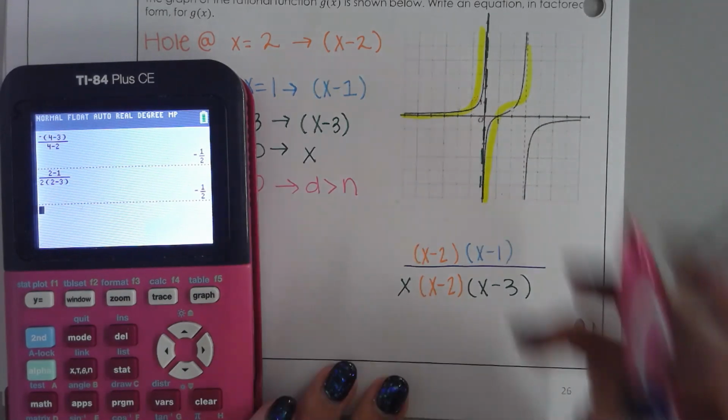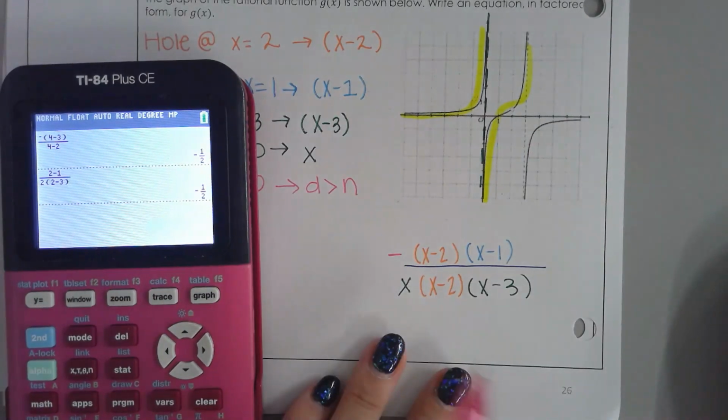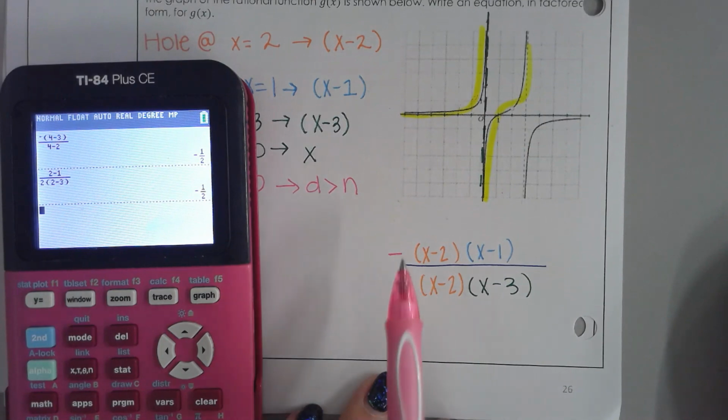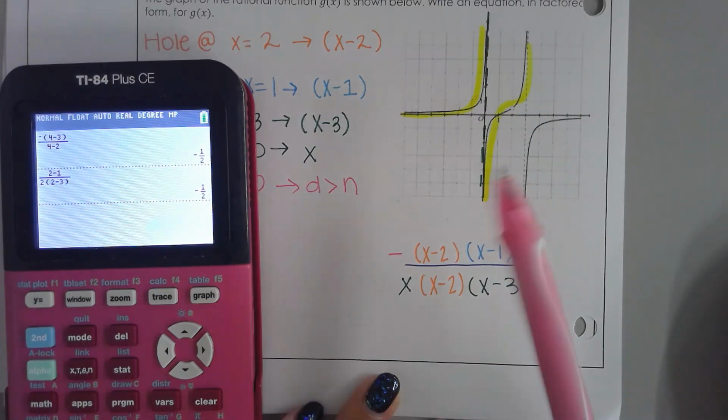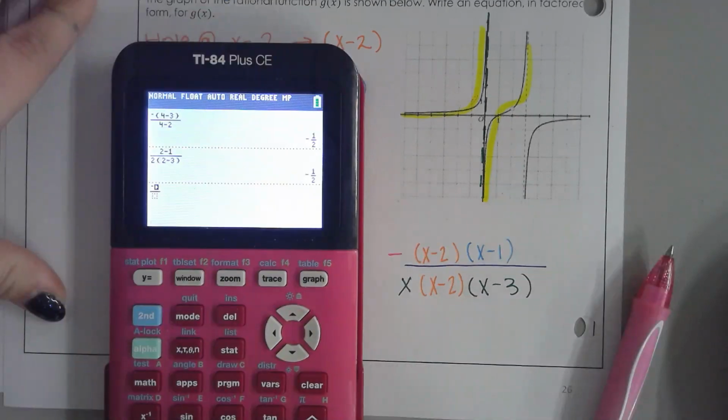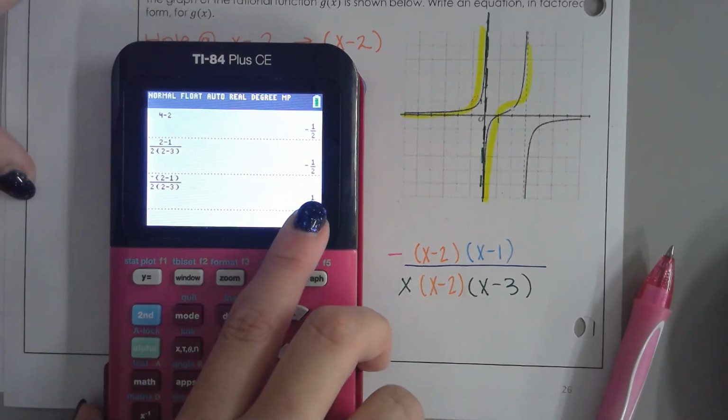Somebody asked this on the Facebook group last week. Like, how do we know that's supposed to be negative? And everybody that commented said, check it against your hole. If you plug in your hole and you get the wrong y, then something is off. So if I try that, negative 2 minus 1 over 2, 2 minus 3, it does give us 0.5.